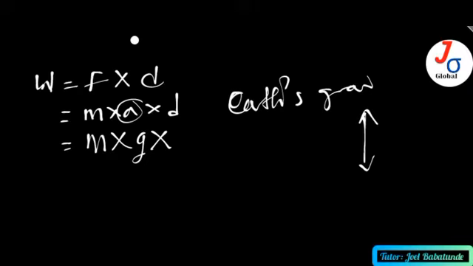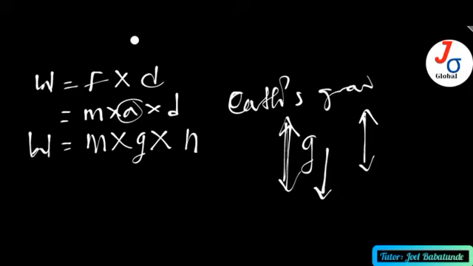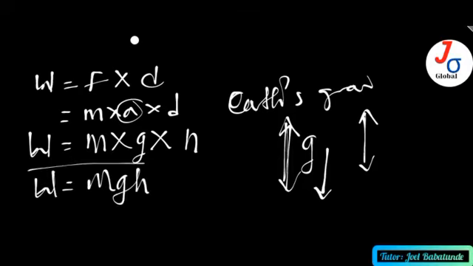Since g is acting downwards and the distance is in this same direction, they are both in the same direction, so I'm going to call this h. So work done in that case is going to be mgh under Earth's gravitational field. All right, good.